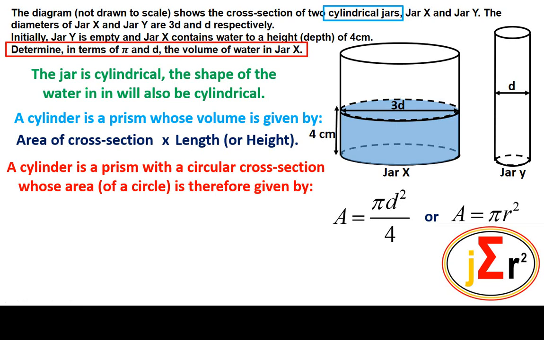In this case, the cross-section is in the shape of a circle because the circle is present right at the base here, and it is the same shape if we continue throughout the entire height of the container and also the entire height of the water.